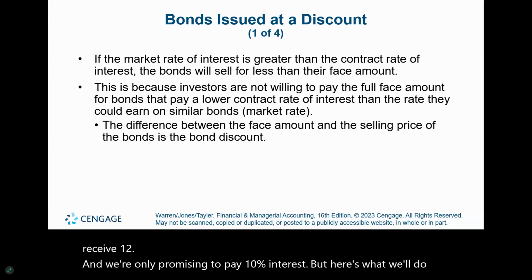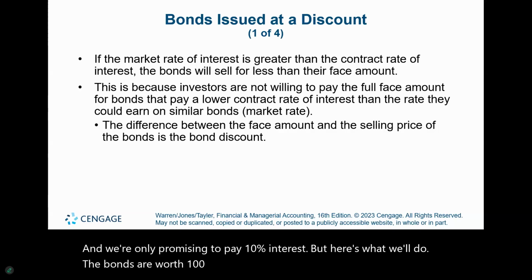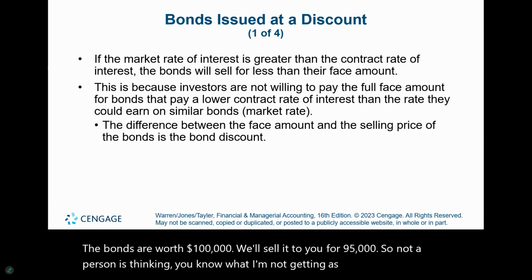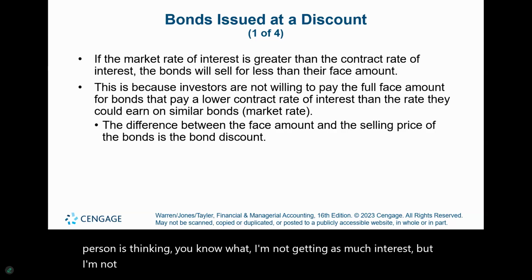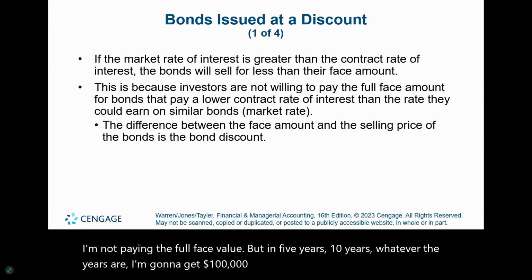The bonds are worth $100,000. We'll sell it to you for $95,000. So now the person is thinking, you know what? I'm not getting as much interest, but I'm not paying the full face value, but in 5 years, 10 years, whatever the years are, I'm going to get $100,000. Hey, sounds like a deal to me.